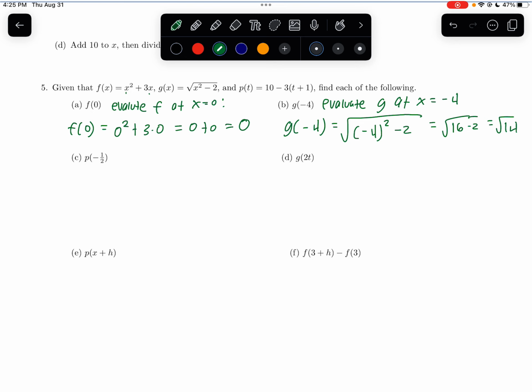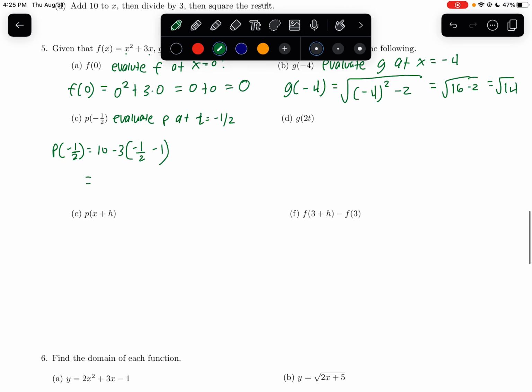P of -1/2, again, you would evaluate p at -1/2. And here the input variable is t, so I'm going to say at t equals -1/2, not x. So this is 10 minus 3 times -1/2 plus 1. Or, you can distribute the -3 to each, remembering that you have a negative. So this would become plus 3 times 1/2.